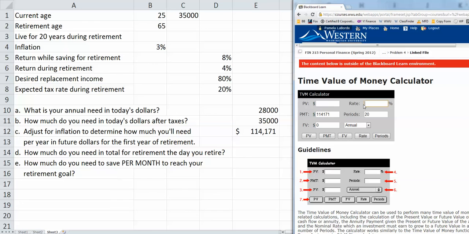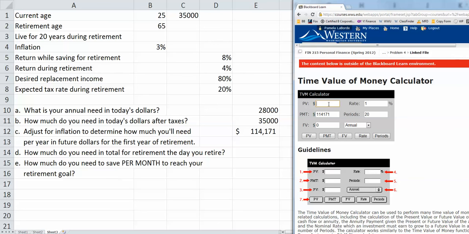The rate needs to be a rate that considers the fact that this payment is increasing at the rate of 3%, and the money that I'm not using is earning 4%. So if I take the rate that I'm earning of 4% and subtract the rate of inflation of 3%, that gives me 1%, and that's the rate I actually can input here.